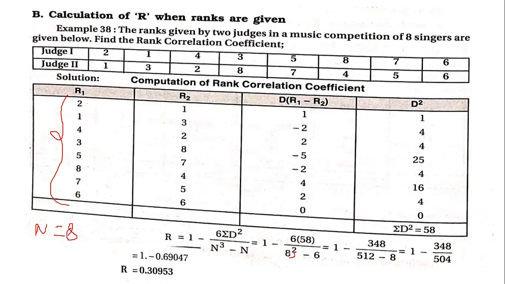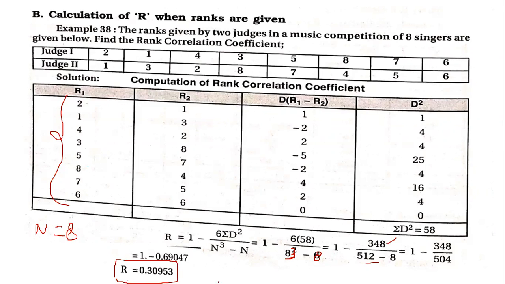Sorry, this is not square, this is cube. 8 cube minus 8. So 1 minus 6 into 58 is 348, 8 cube is 512 minus 8. So you get 1 minus 348 divided by 504. And the resultant value is going to be R equal to 0.30953. So this is what we get at the end.